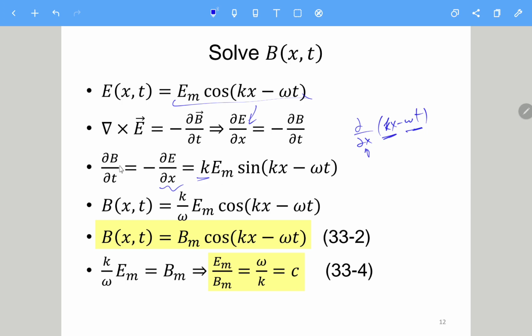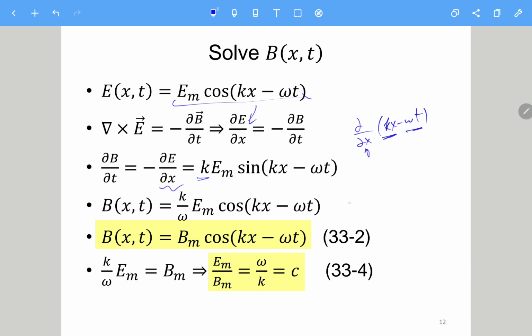So we can integrate on both sides with respect to t. So finally we get B of x,t to be, we integrate this side, sine will become negative cosine. Just keep in mind we have a negative sign in the front, and then k Em negative in the front, and then sine becomes negative cosine. We still have cosine here. Then we need to divide by the derivative of this thing, which is the chain rule or change of variable.